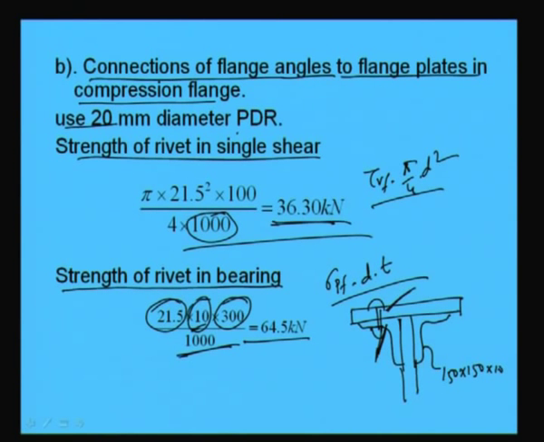As we are using rivet diameter as 20, 21.5 as gross diameter has been taken, and as usual the sigma Pf value, permissible stress in bearing, has been taken as 300 in this case. In this way we get the strength of rivet in bearing as 64.5 kilonewton, right.